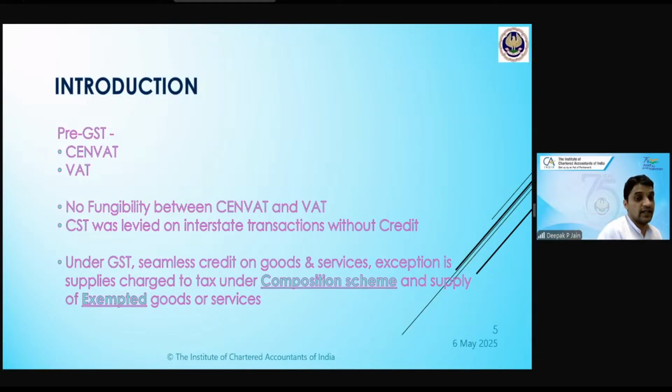However, under the SENVAT and VAT regime, before GST, there was no fungibility between SENVAT and VAT. Whatever purchases you made on which you paid taxes, you could not claim across them. You had to pay double taxation, because when you sold you paid VAT, and when you manufactured you paid SENVAT.